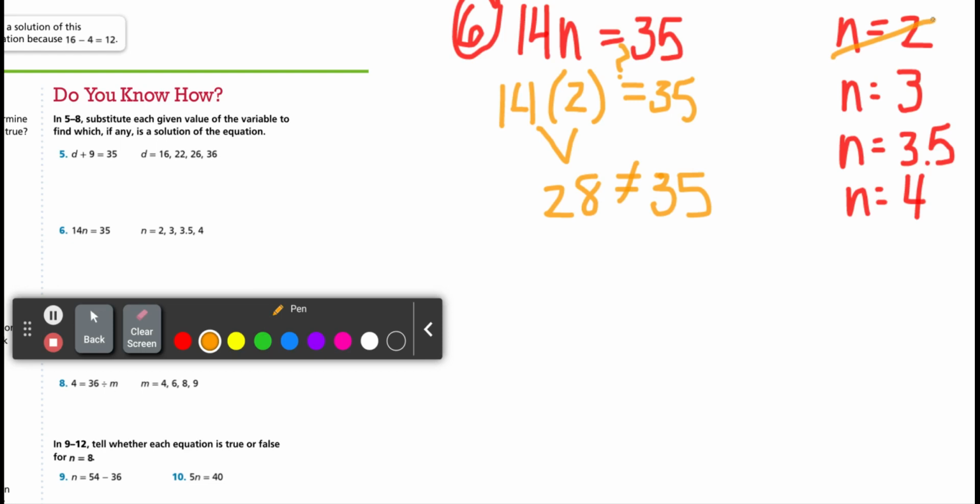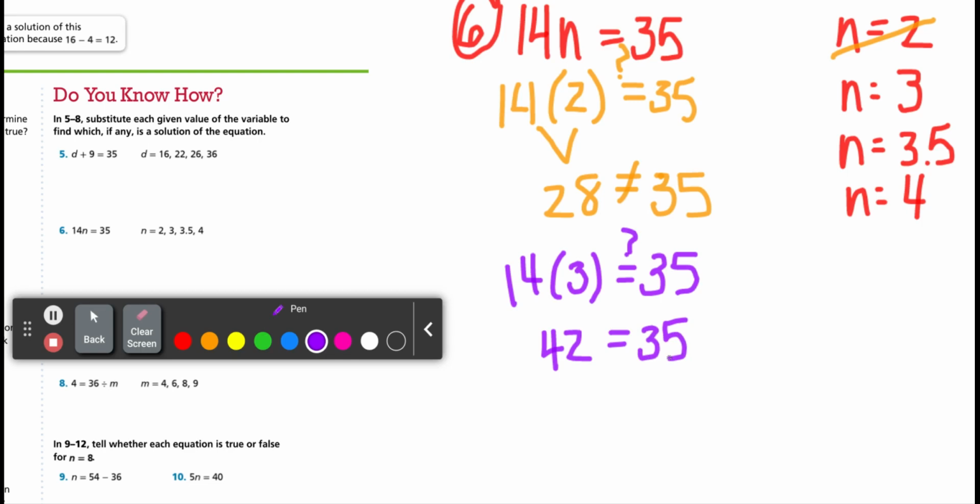I want you to now try with n equals 3, n equals 3.5, and n equals 4. I want you to tell me which is the solution to this equation. When you plug in the value for n, which one will equal 35? If I plug in 14 times 3, does that equal 35? 14 times 3 is 42.